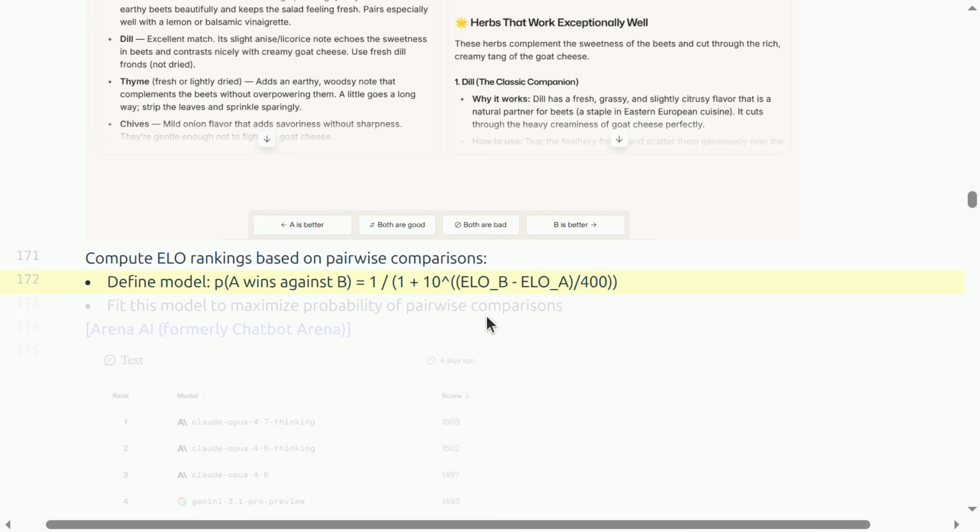Then you fit this model with the parameters, which are the Elo ratings, to maximize the probability of the pairwise comparisons. As a result, you get a rating for each of your models.